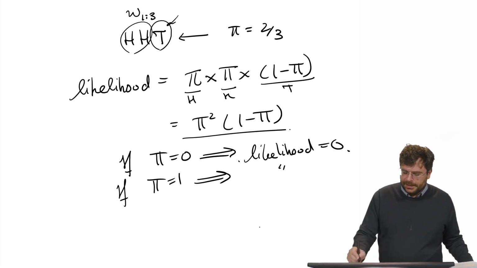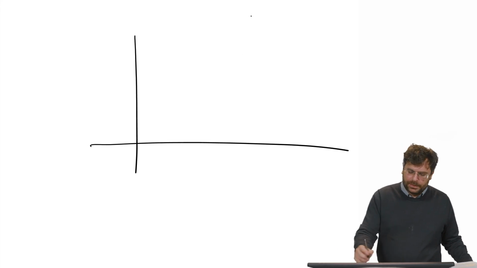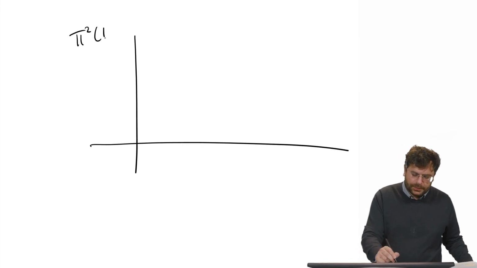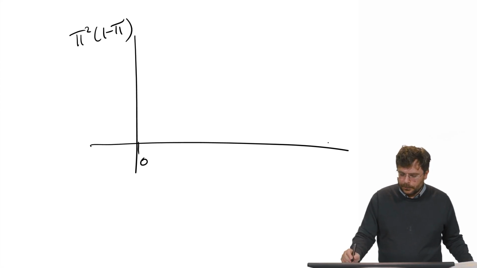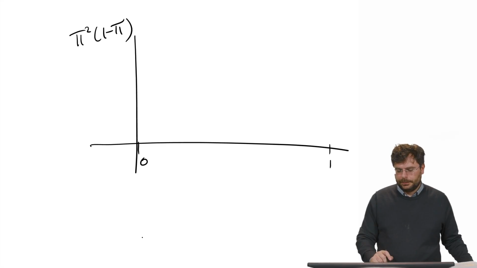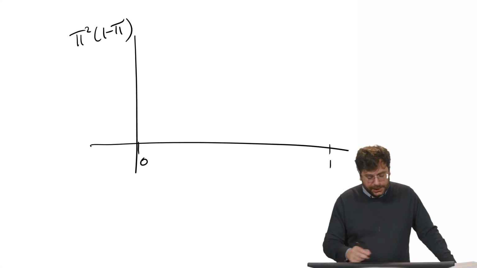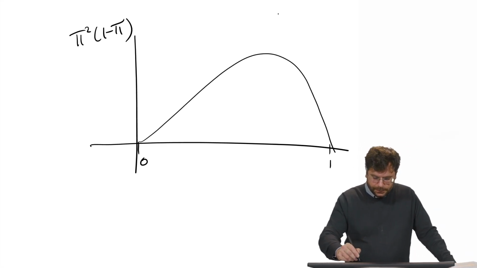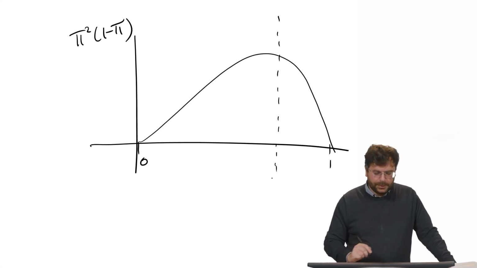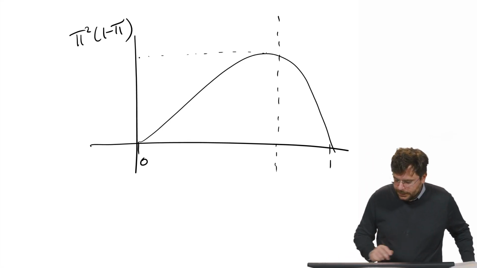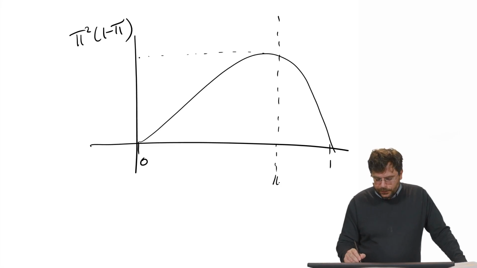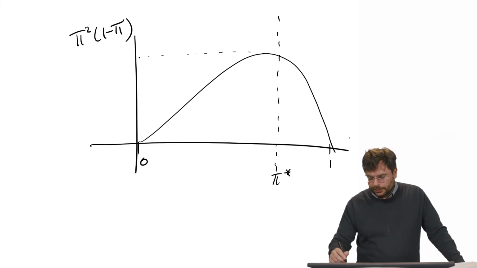Let me plot this likelihood. Let me plot the simple function and see what it looks like. So I'm going to plot pi squared times 1 minus pi from 0 to 1. And what I should get if I plot it will be something that looks a little bit like this. I'm plotting it versus pi.